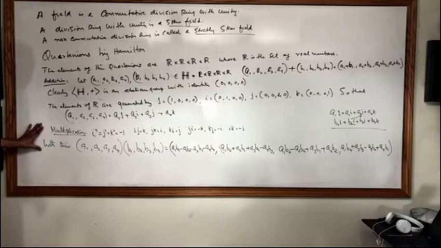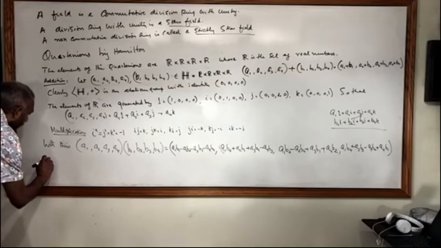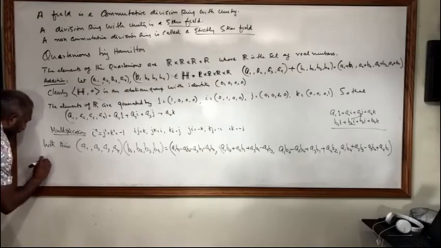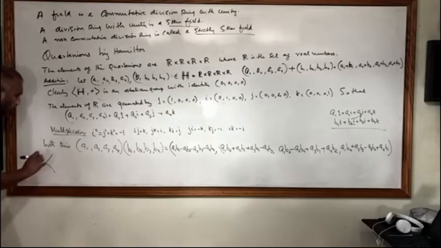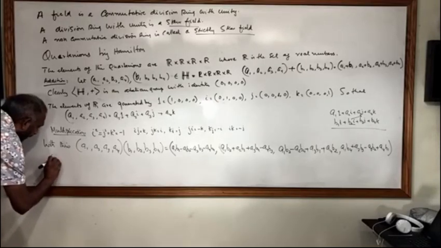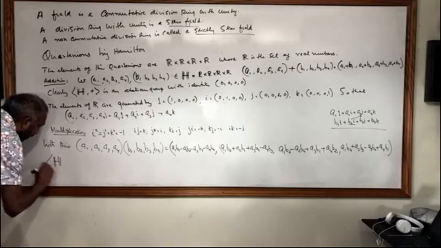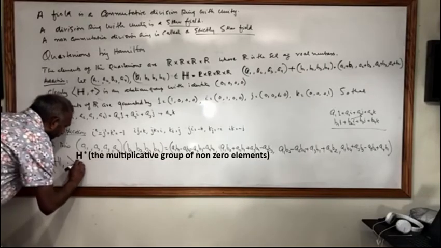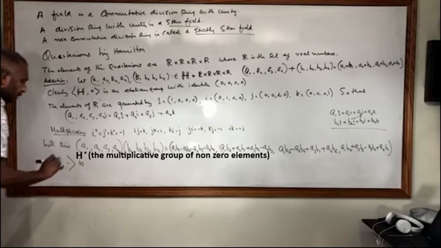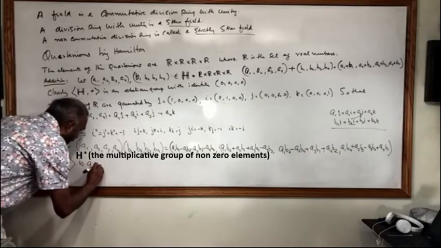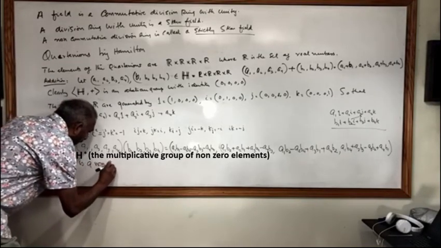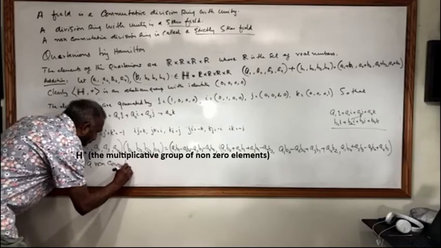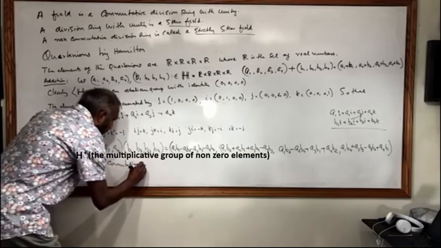With this definition, the group H with the multiplication is a non-commutative group.